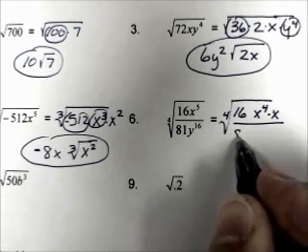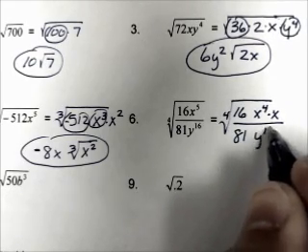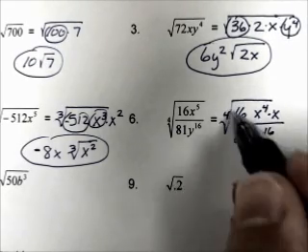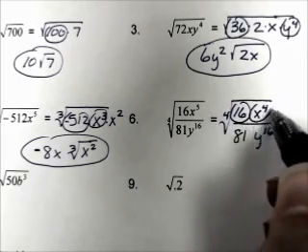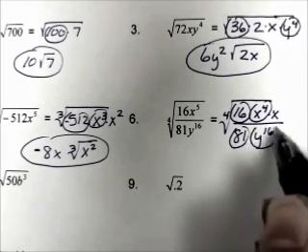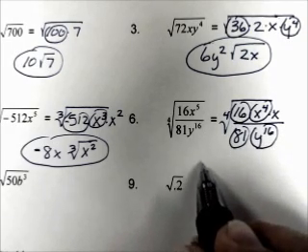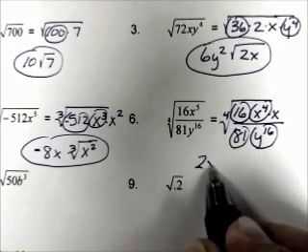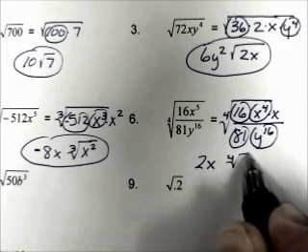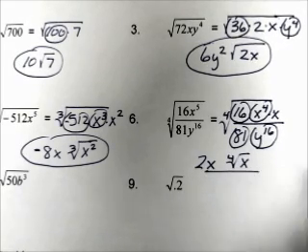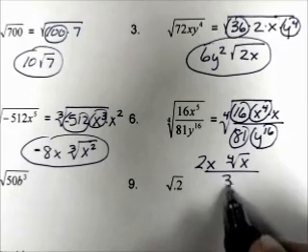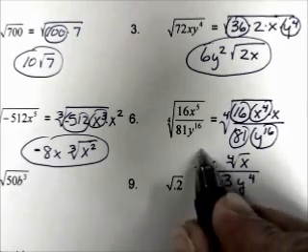And the denominator, 81 and y to the 16th are perfect factors. Circle our perfect factors here, take their fourth roots. So this would be 2x, the fourth root of x remains, over 3y to the fourth.